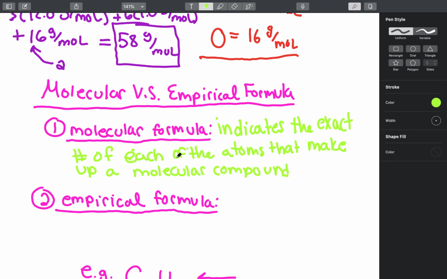So in other words, it tells us the exact amount of atoms that make up the molecule or compound.